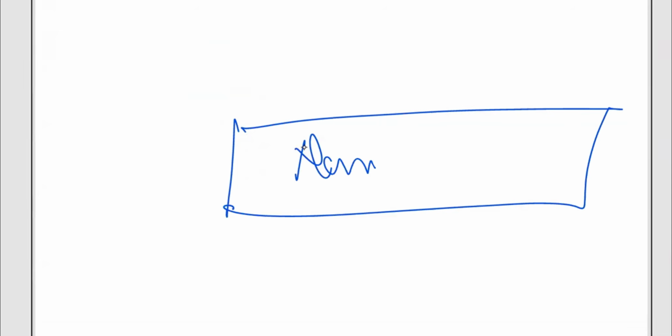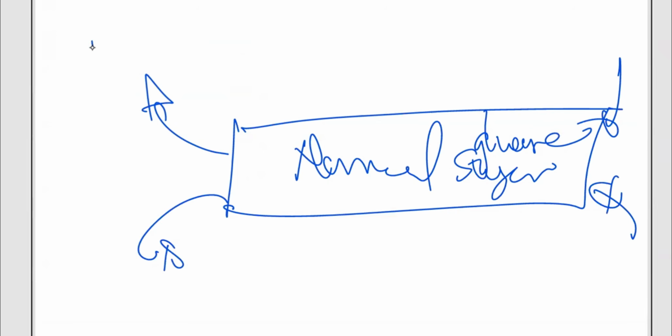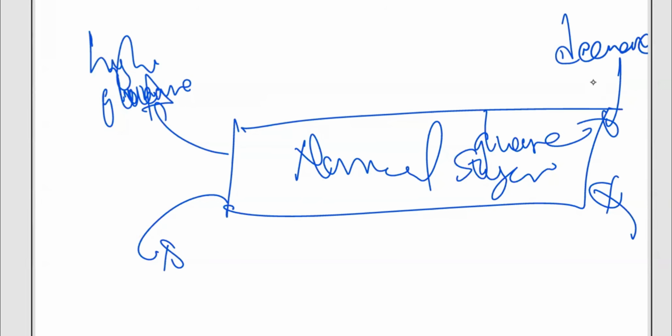You have the normal level of something. You can choose. We can say sugar. Sugar, that is glucose. So if this is high level of glucose, our aim is to see that we decrease this level of glucose.